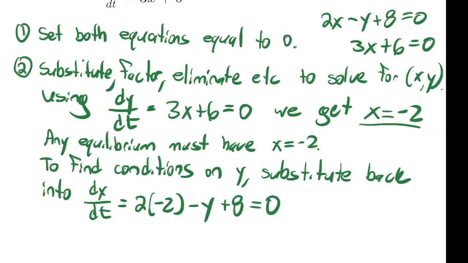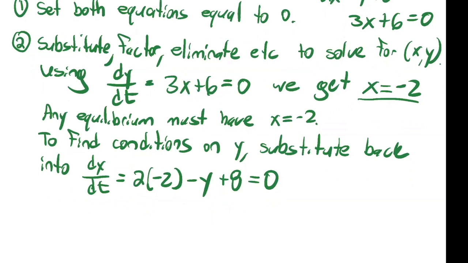Again, that comes from the equation up here, and we're plugging in minus 2 for x. Solving for y, what would we get? That would be minus 4 plus 4... I think that just gives us y is 4 for the condition on y.